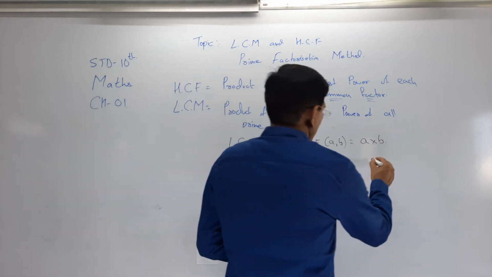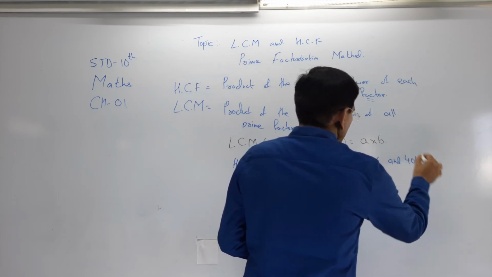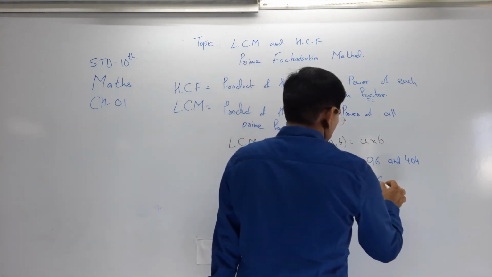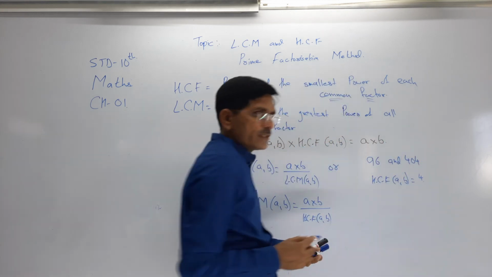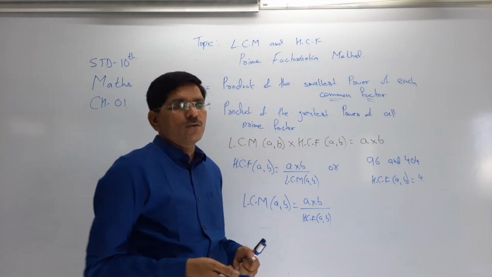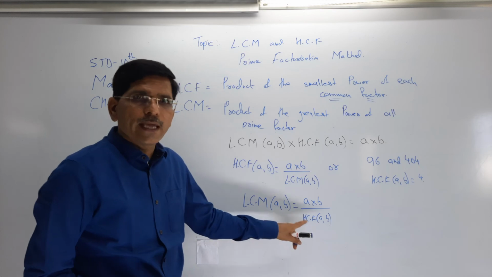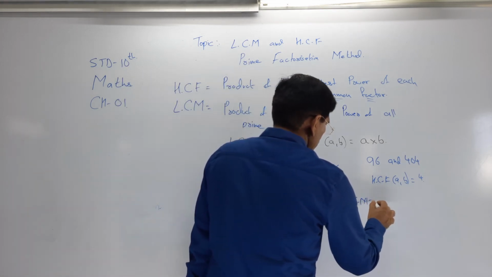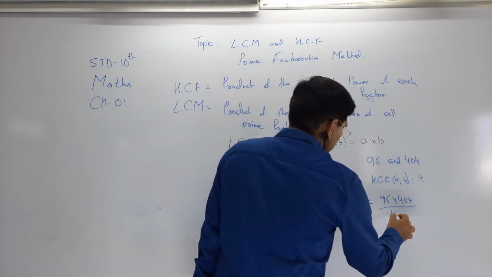96 and 404, and HCF is given as 4. Now to find out LCM, what do we have to do? LCM of A, B is A multiplied by B divided by HCF. So LCM is 96 into 404 divided by 4.